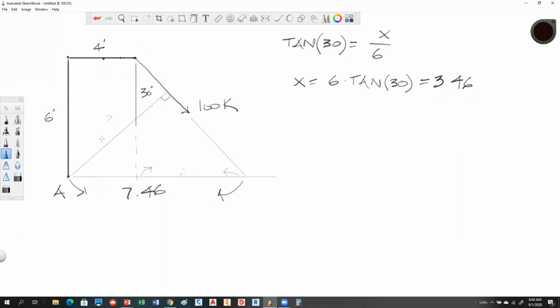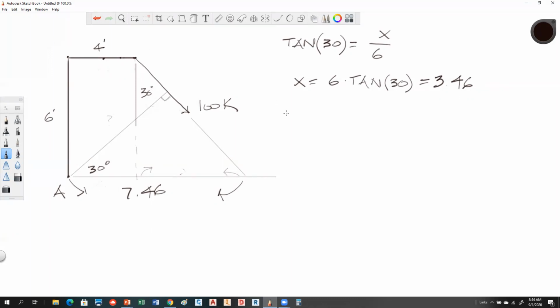Now, the problem is I still need this, okay? So I do know if this is 30, this is also 30 degrees. So what you have is a hypotenuse and a side adjacent to that. So you can use a cosine relationship. I can say that this distance, we'll just call that d.